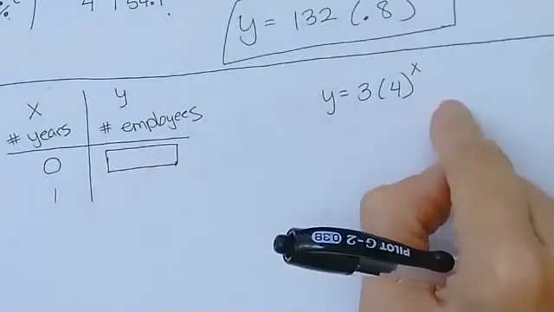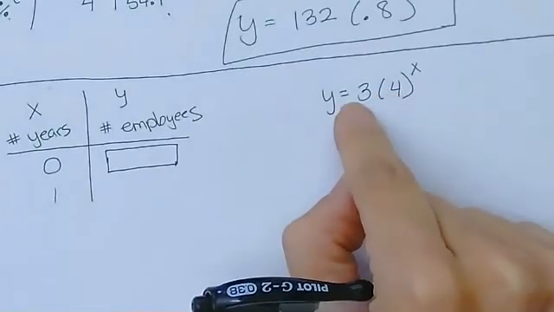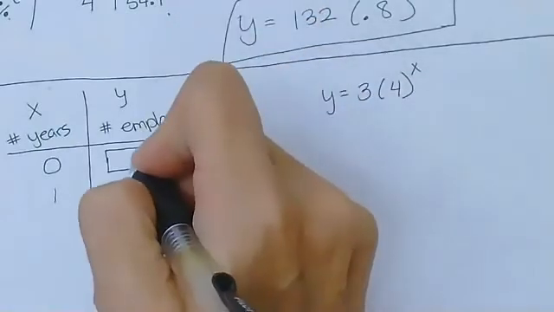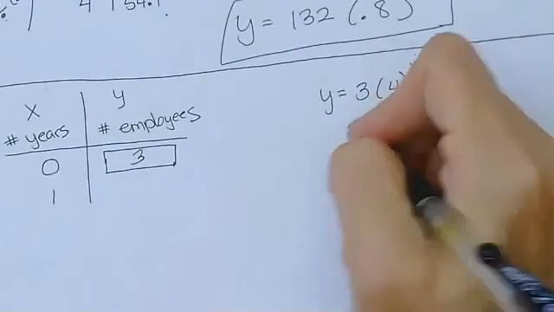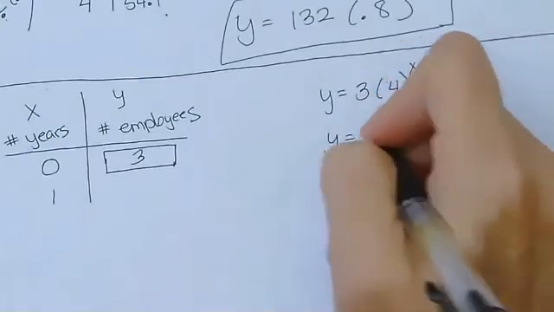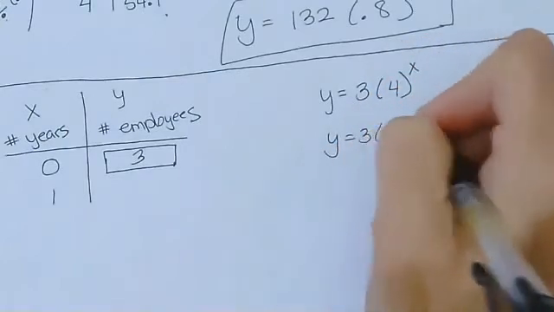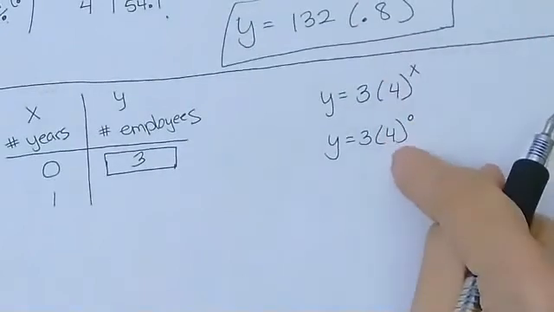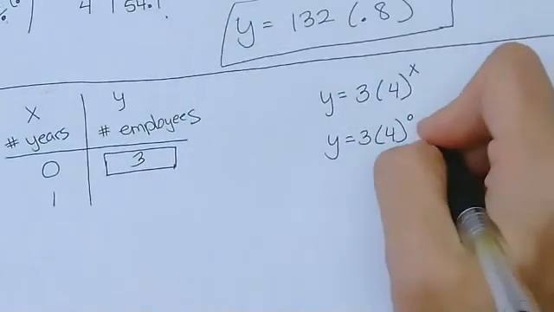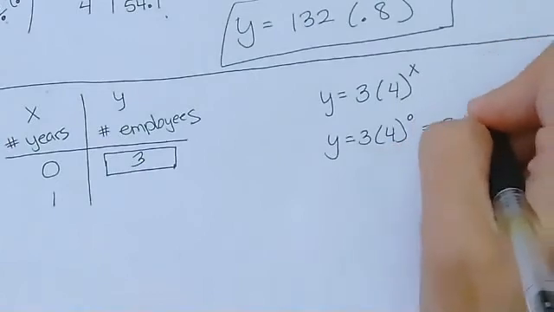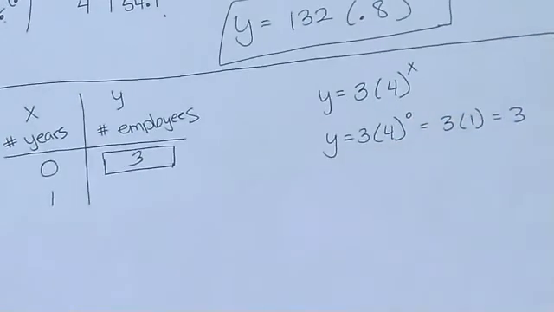So if you look at this equation and you know, oh, that's the a value, that's the y-intercept, you can probably figure out that they started with 3 employees. But if you don't know that, notice that you can plug in a 0, because remember that 4 to the 0 power is 1. So this turns into 3 times 1, or 3.